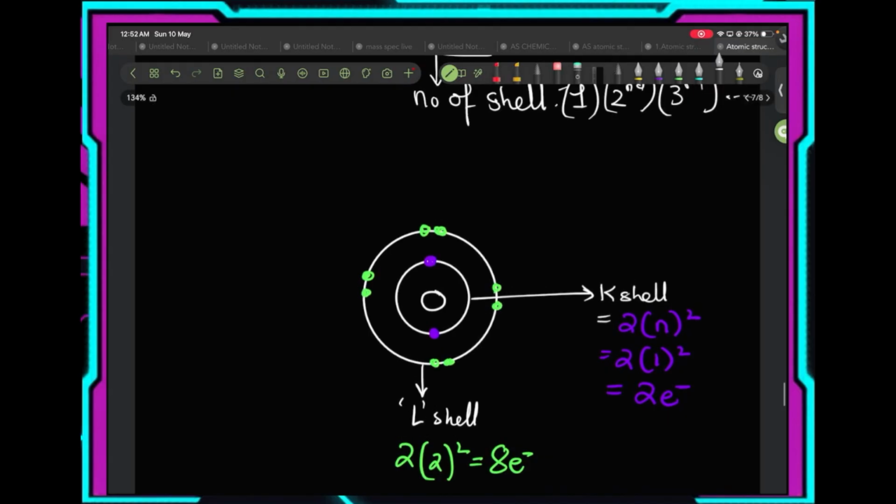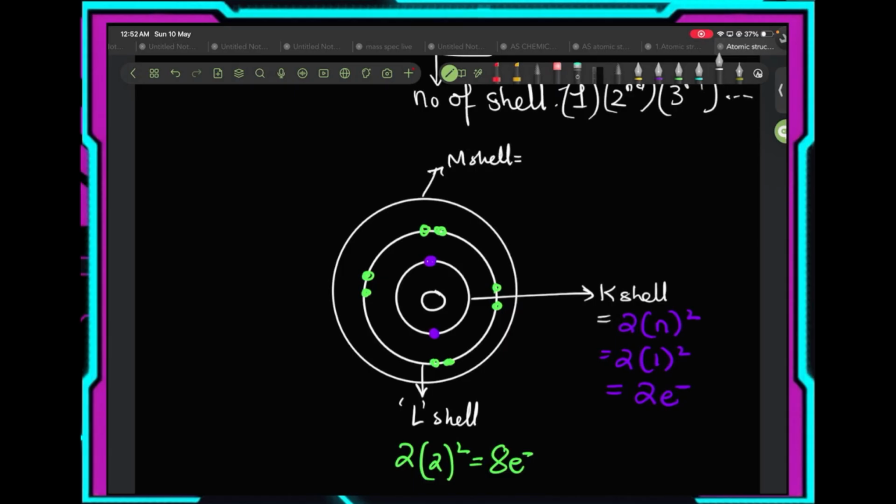Let's move on to the next shell. This is our third shell. This is known as the M shell, and the M shell is the third shell. So 2n square would be 3 squared. What would be the value of it? 18. 3 squared is 9, 9 times 2 is 18.